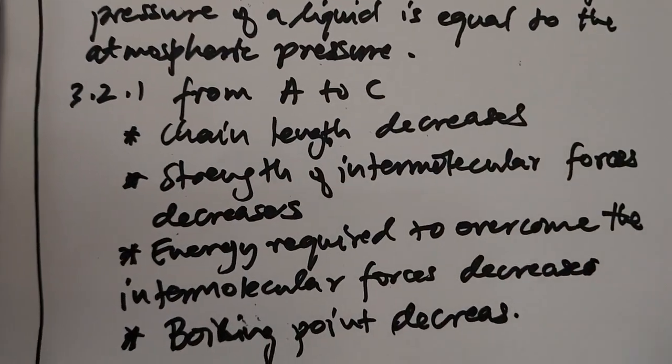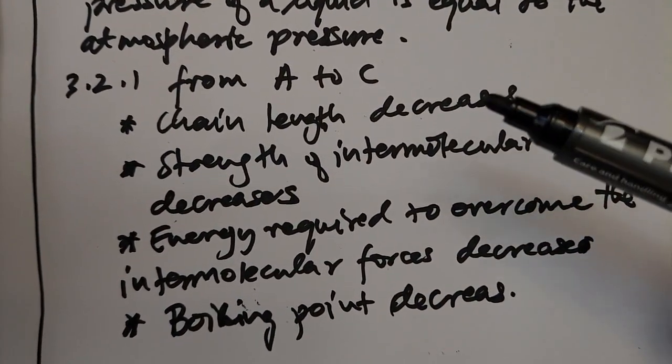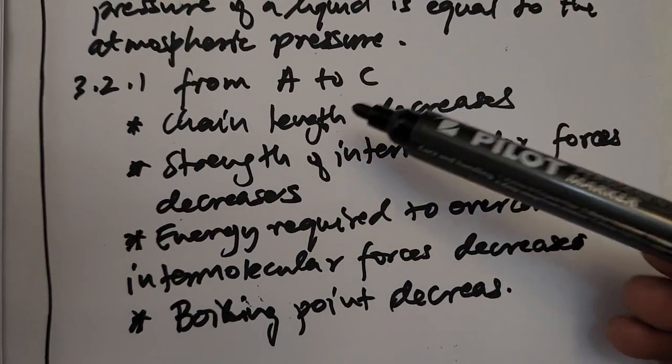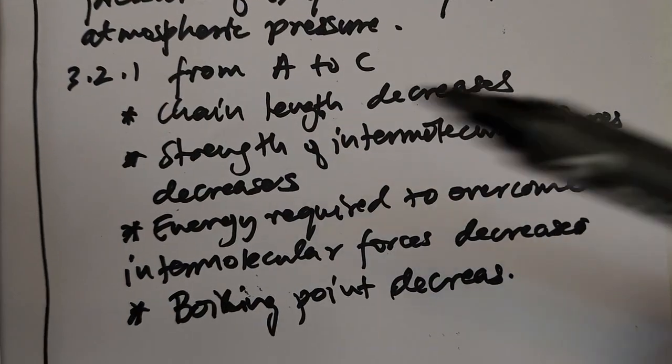But normally there are so many ways of doing this one. Remember, you can opt, instead of A to C, to say C to A, you write the opposite. Or you can just go for extremes.